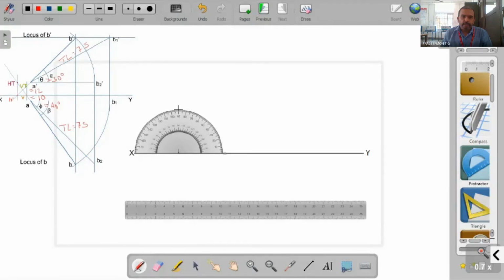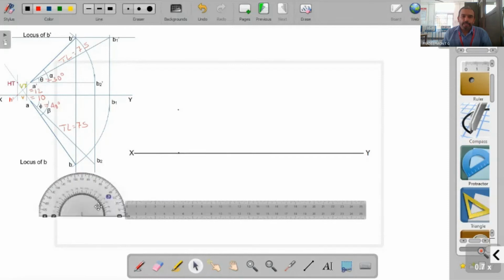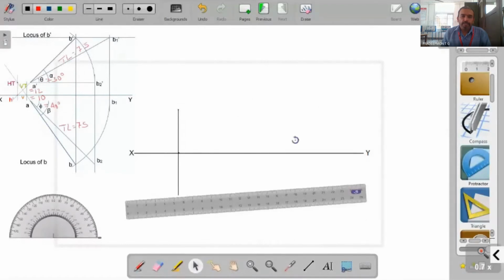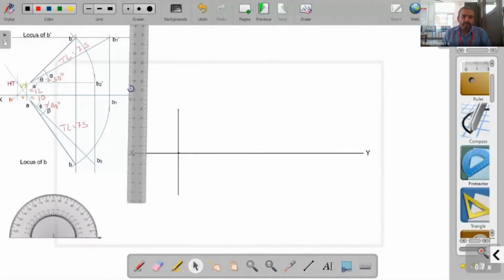This perpendicular line is the projector of A, and in this projector of A you have to mark distances 10 millimeter as well as 12 millimeter.